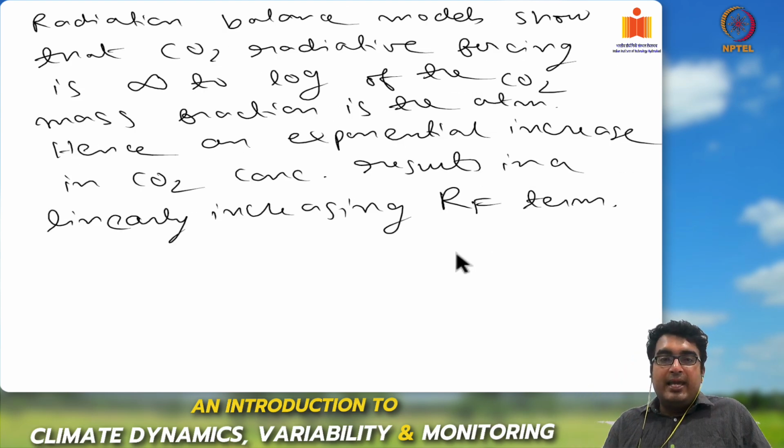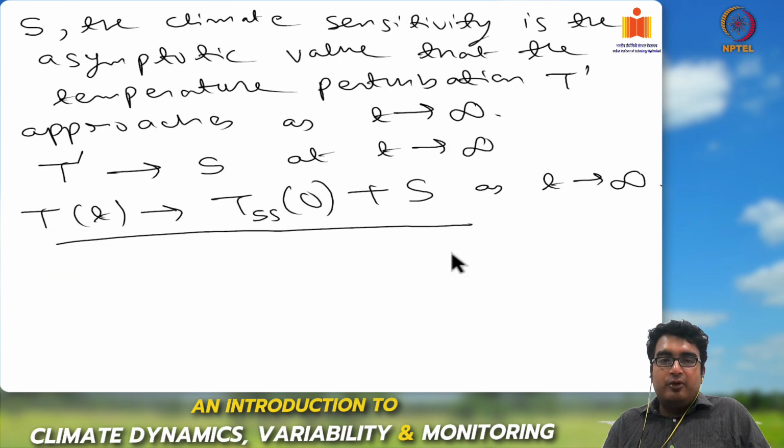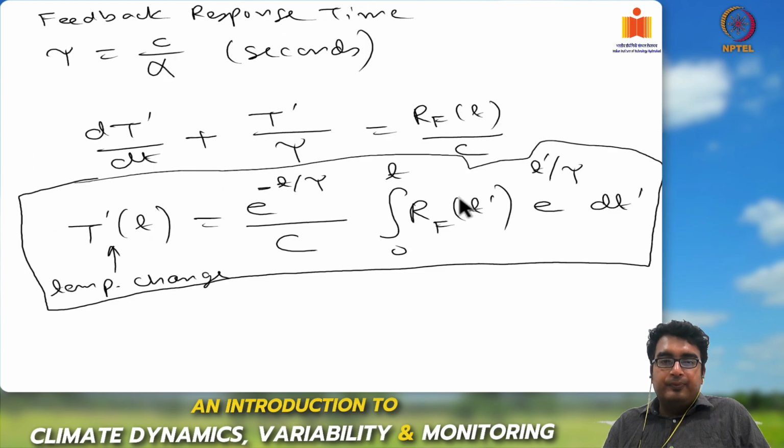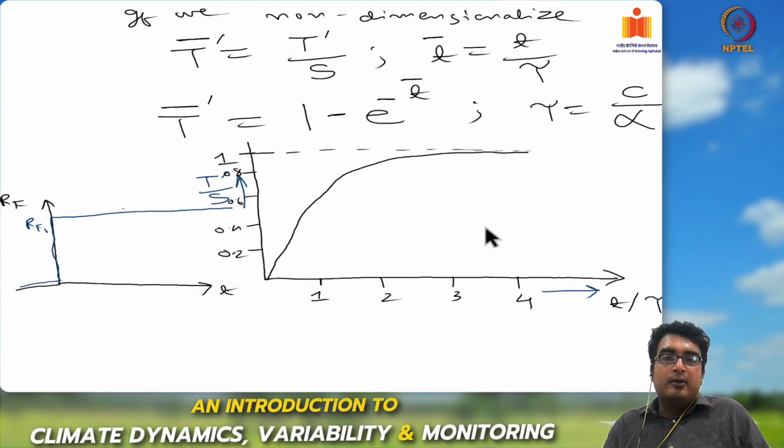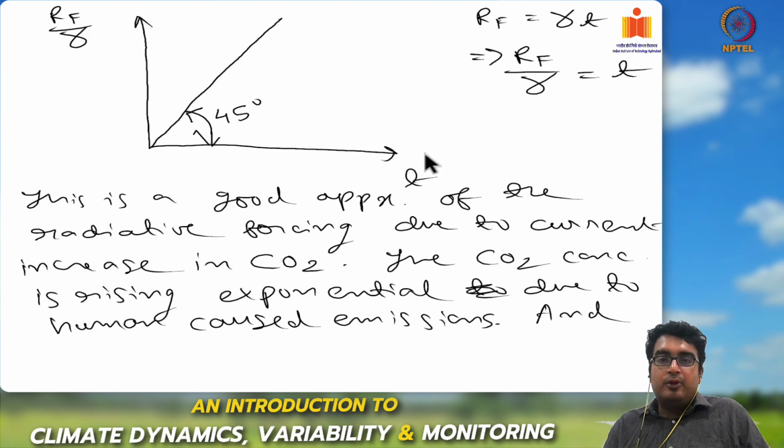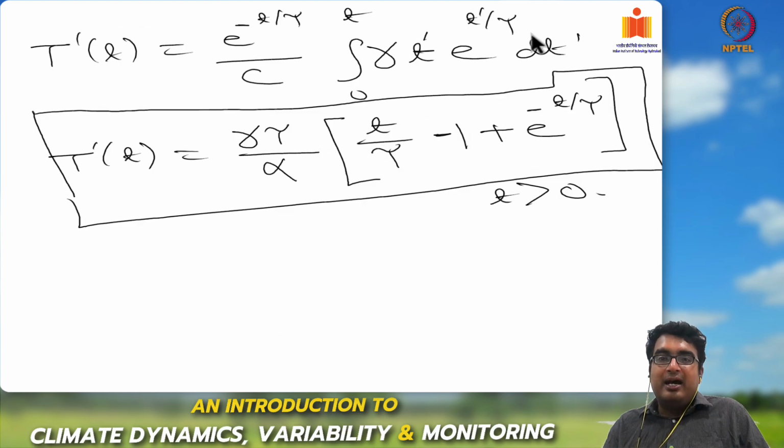So here then, we again go back to the original expression, if you remember. In this expression, instead of RF(t), we put gamma times t prime, correct? We put gamma times t prime here, and then we integrate this by parts.